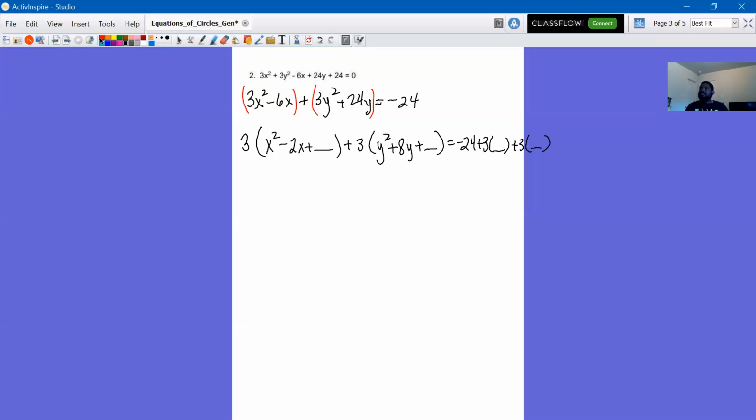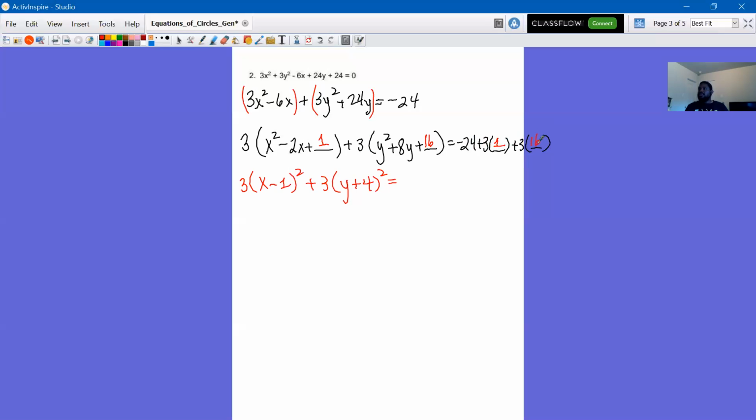All right, so now we're going to complete the square. Again, you take half of negative 2 and square. So 1 goes here, 1 goes here. Take half of 8, which is 4, and then squared, that's 16. 16 goes here. So now we have 3 times (x minus 1) squared plus 3 times (y plus 4) squared. And then we're going to combine our like terms here. So we're going to get negative 24 plus 3, which is negative 21.